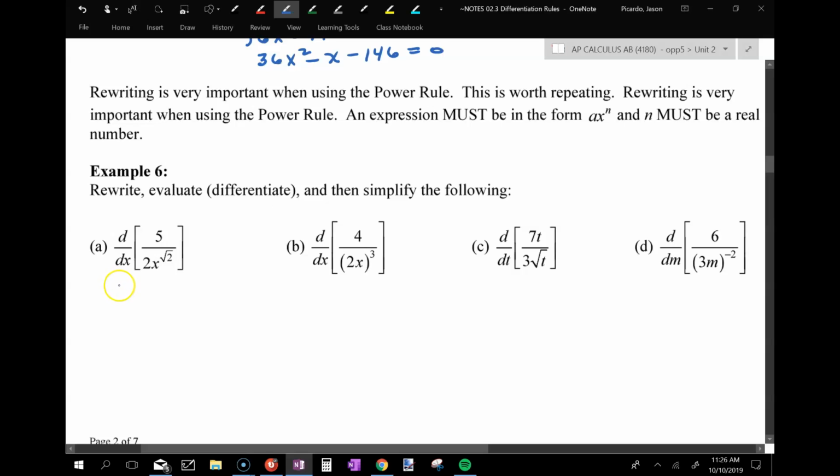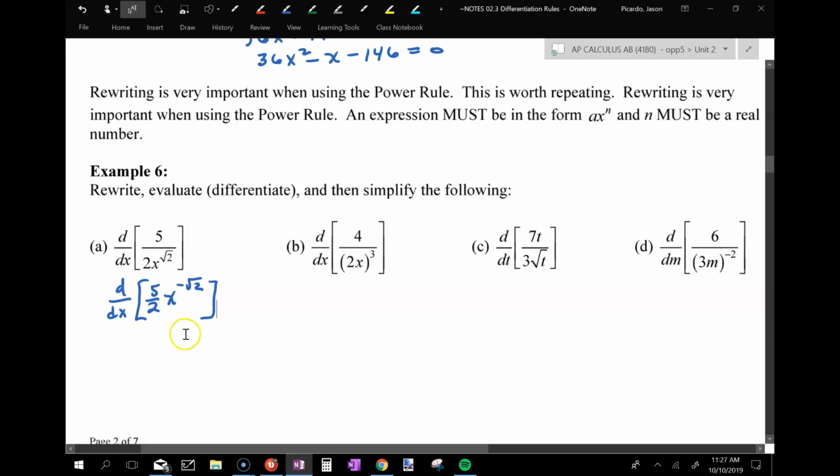So would we agree that in this first one, I want to do a derivative, right? And I'm going to rewrite this as 5/2 and x to the negative radical 2. All right, so again, I want to have this all as one line. I don't want to have a fraction per se, right?